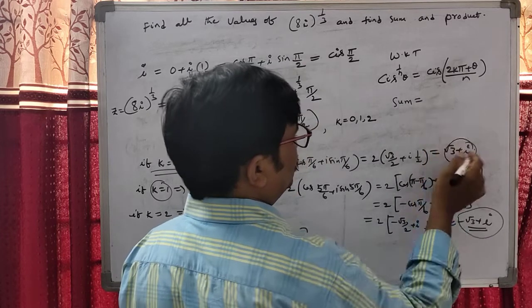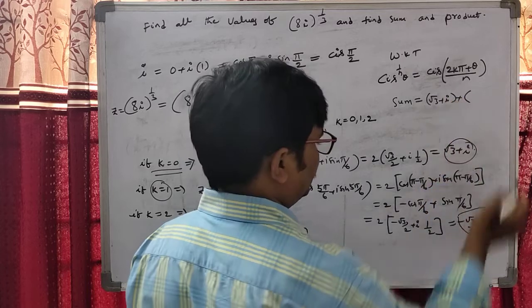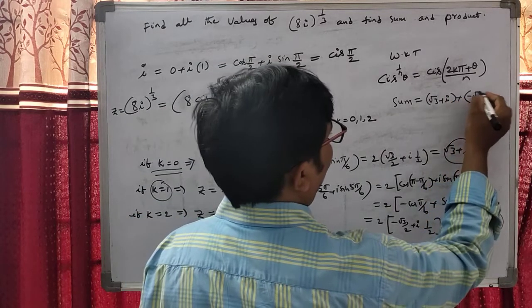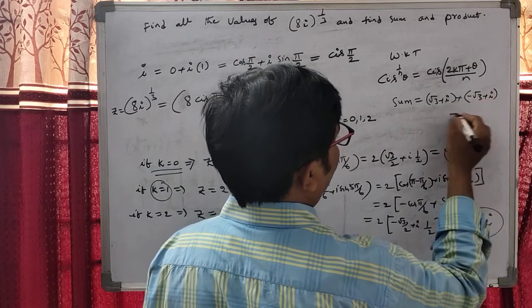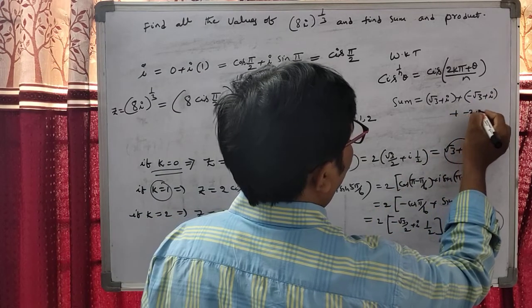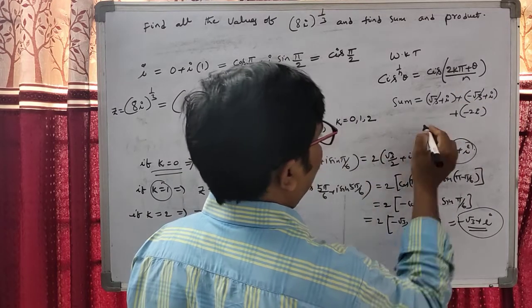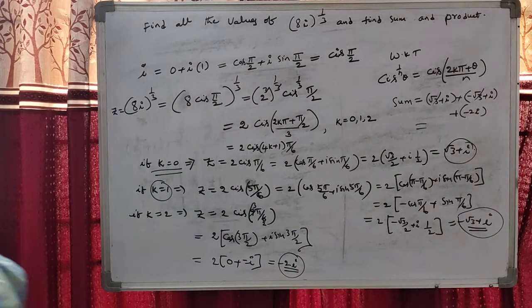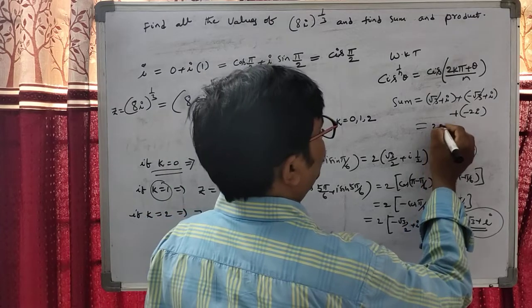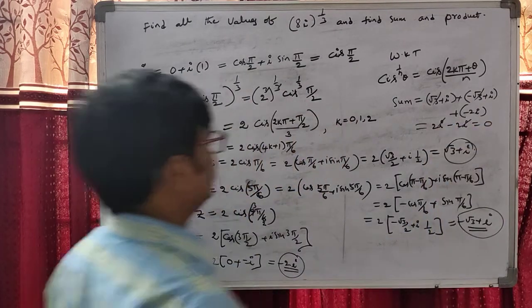The first value is root 3 plus i, plus minus root 3 plus i, plus minus 2i. Root 3 cancels. Then i plus i is 2i, and 2i minus 2i is 0. The sum will be 0.